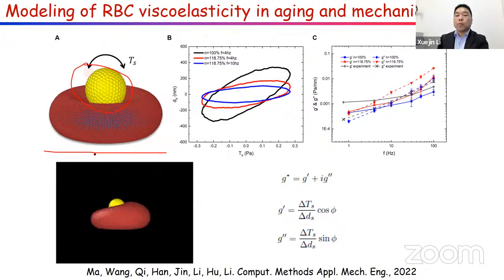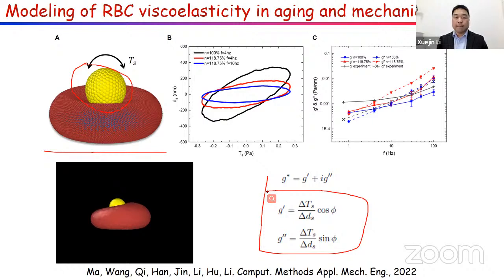So when we apply an oscillating torque to the microbead, the displacement of the cell membrane shows the same frequency response, but shifted with a delay phase. Then we can compute the storage and loss moduli through these two equations.